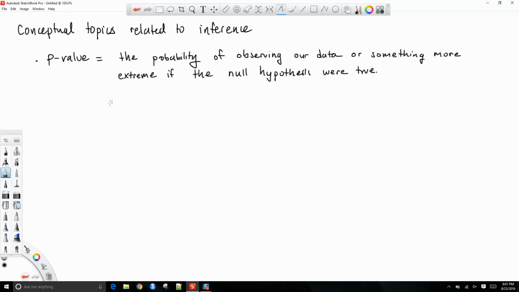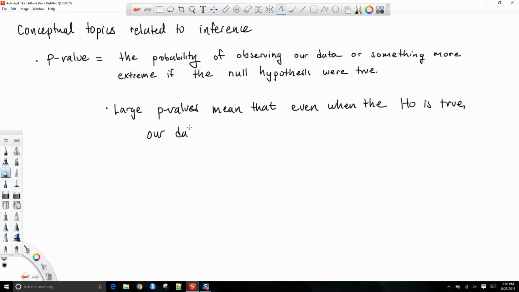Okay. Large p-values mean that even when the null hypothesis is true, our data is likely to occur from random chance.